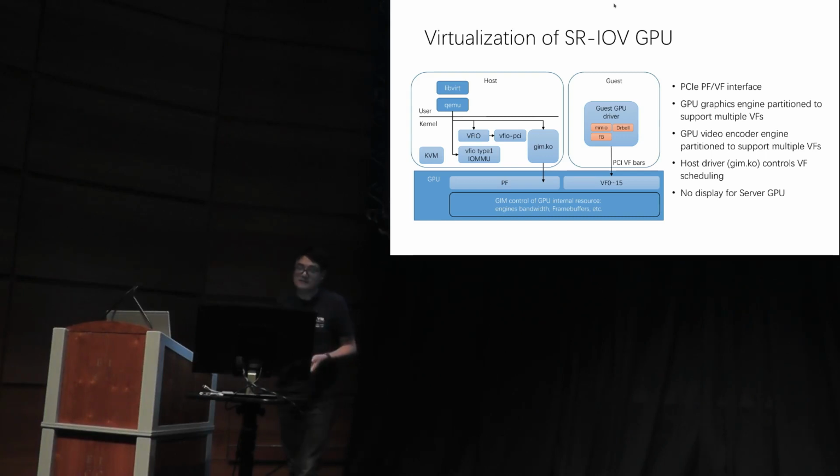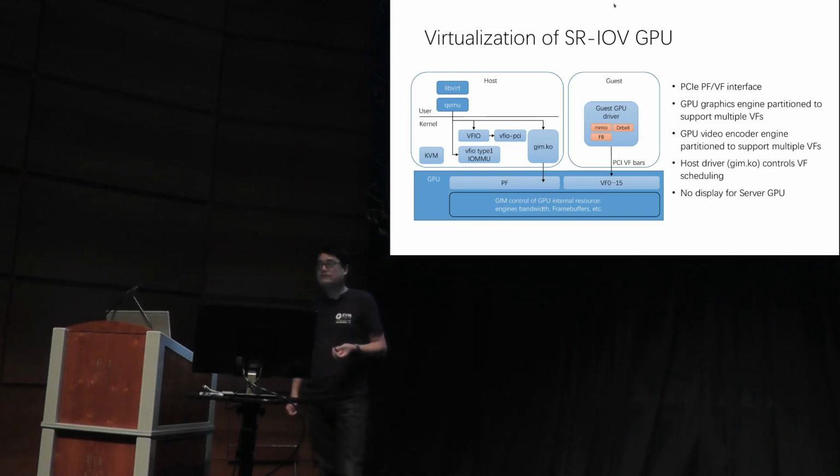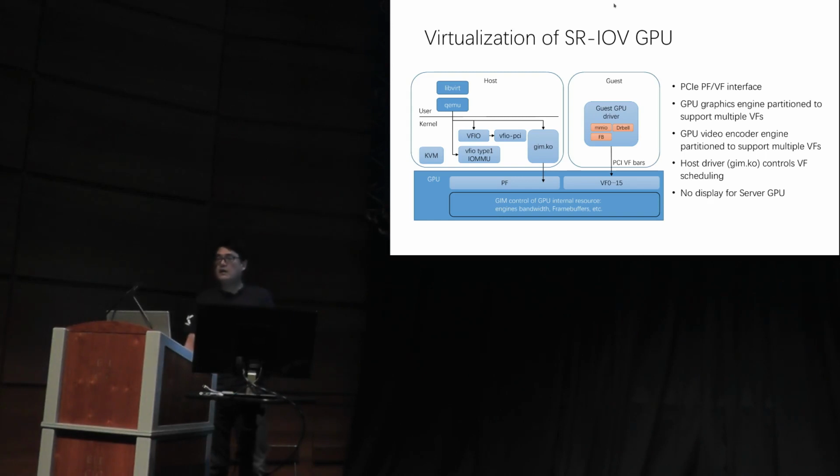This is very similar to how pass-through works. But the difference is there is an additional module, which we call GIM.ko. This is the SR-IOV GPU host driver. So what's inside this driver? It controls how GPU resources are partitioned and how the GPU is time-sliced to the different VFs.